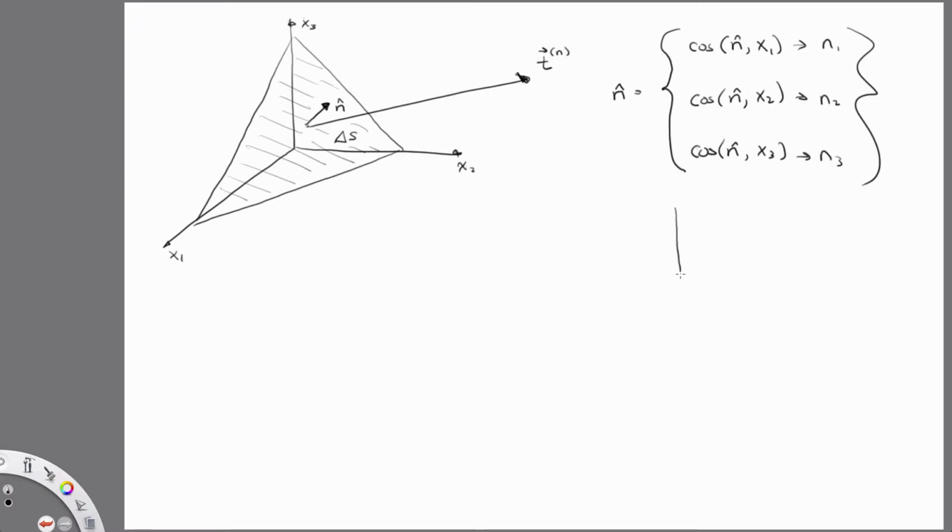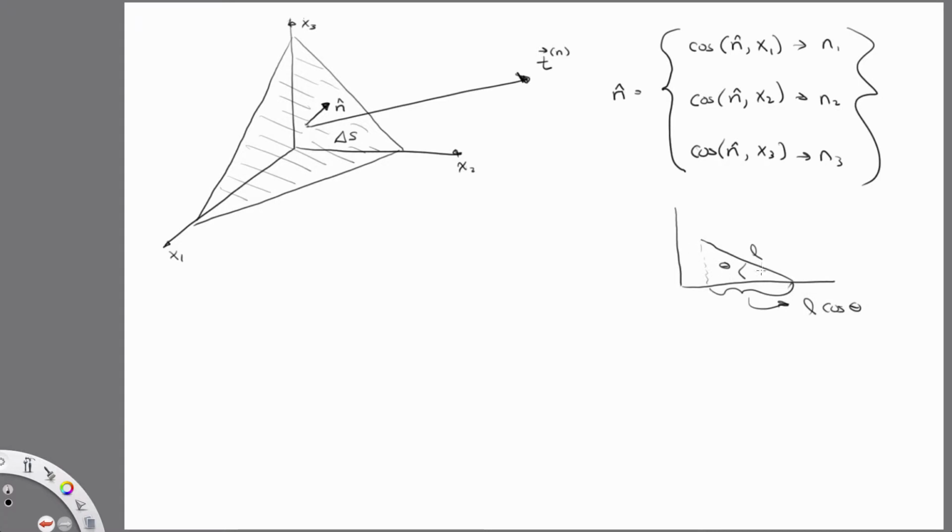And just as a little aside, if we have a line segment L and some angle theta, the projection of that line segment down onto this axis is L cosine theta. So that's this distance. Well, that same concept extends to areas.